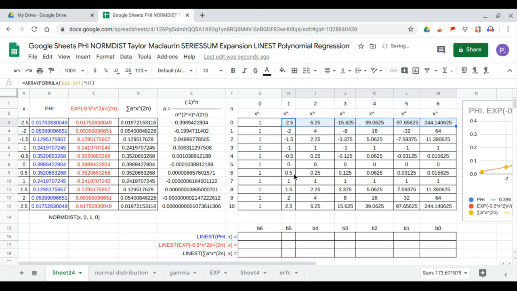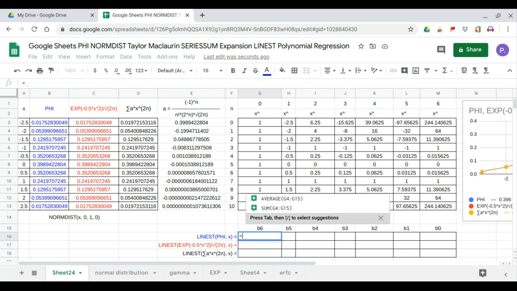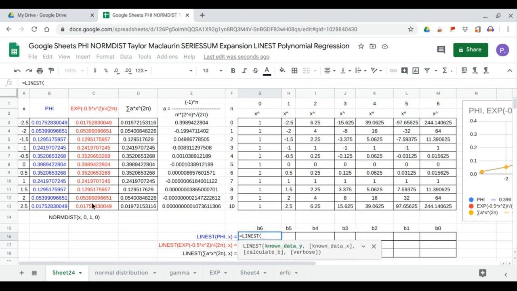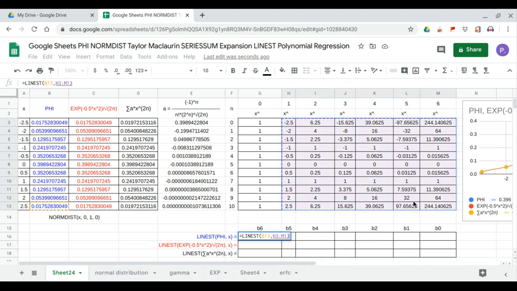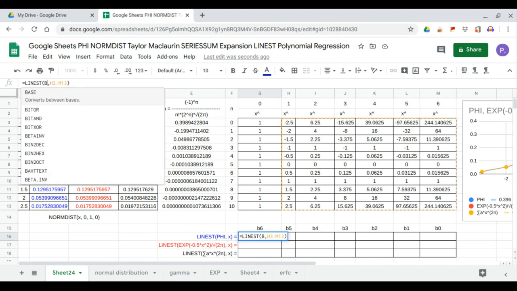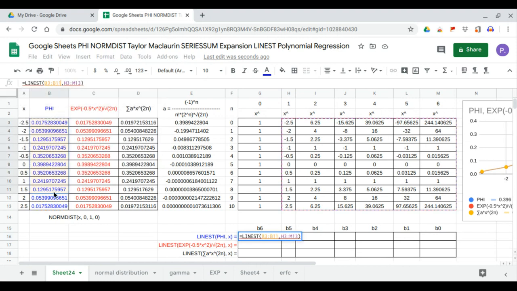Now that we have the 1 comma x matrix, we can calculate the LINEST. LINEST of data y for the first part, the phi function, and data x. Something's wrong because this should be data y. And the second part is the exponent.